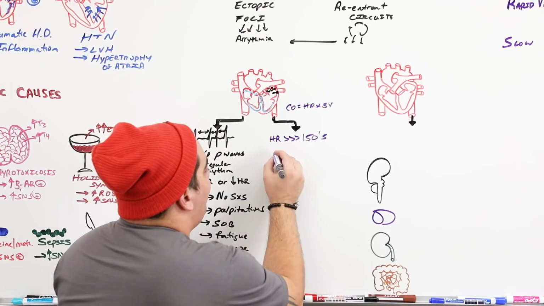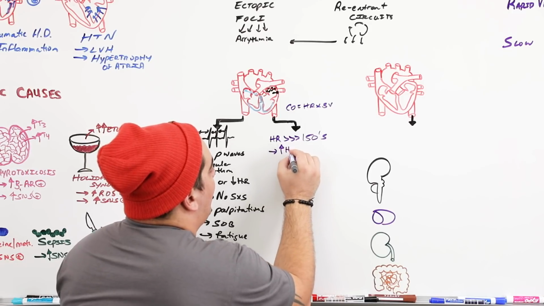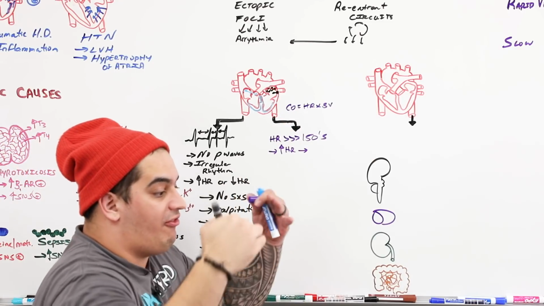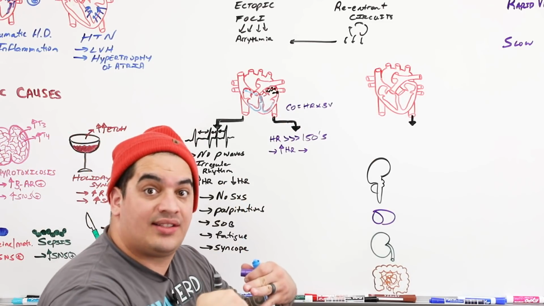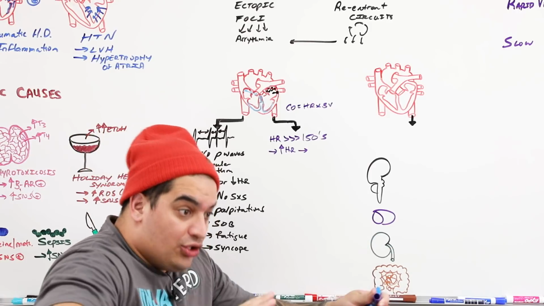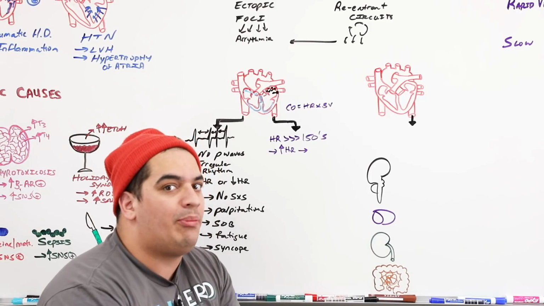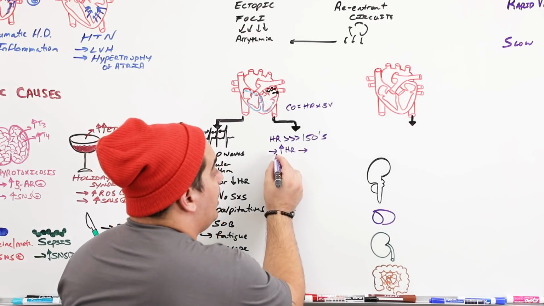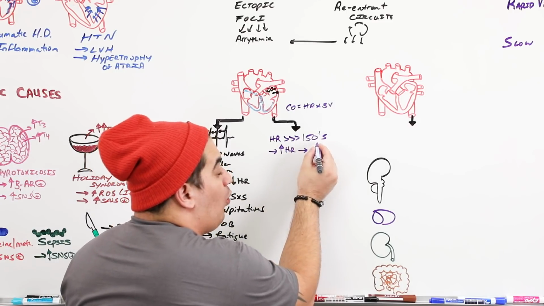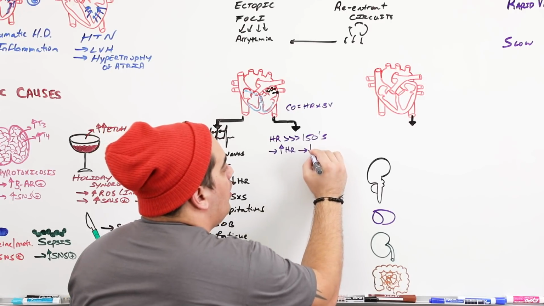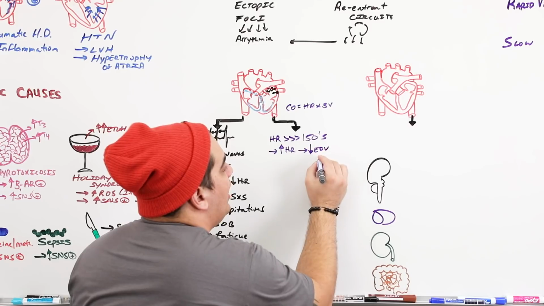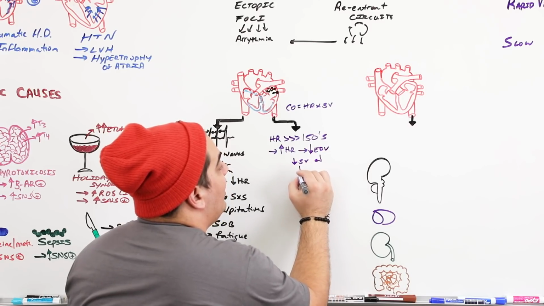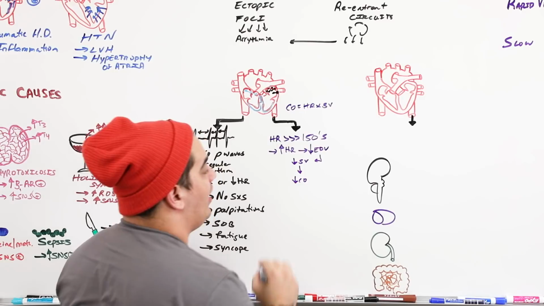But if the heart rate is so fast that you're not giving the ventricles an adequate amount of time to fill, so that it has a good end diastolic volume, and then when it contracts it pushes out a good amount of volume, you could potentially lower your cardiac output because you're lowering their filling time. So effectively, very, very high heart rates, greater than 150 generally, can lower your end diastolic volume. If you lower your end diastolic volume, you can lower your stroke volume. And if you lower your stroke volume, you can lower your cardiac output.